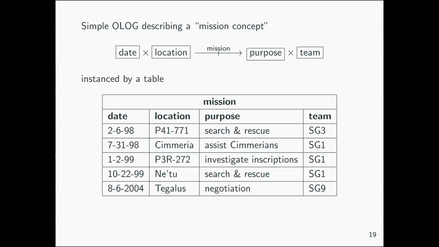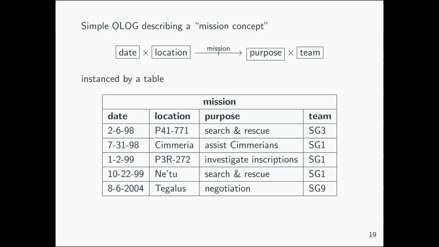So we can instance this with a table, for example. And here are my rows. These are, I think, the air dates of the episodes. These are some planets where the missions actually take place. Cimmeria, for example, is a nice spot where SG-1 assisted the Cimmerians in their uprising against the System Lord, who actually controlled that particular planet.